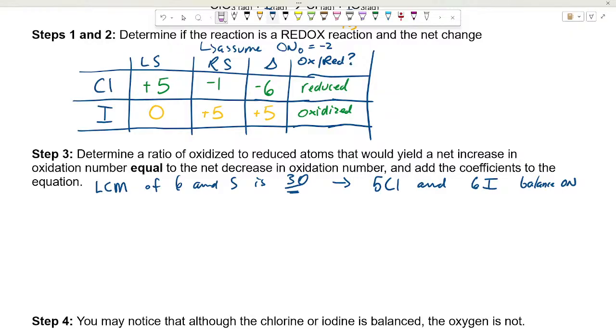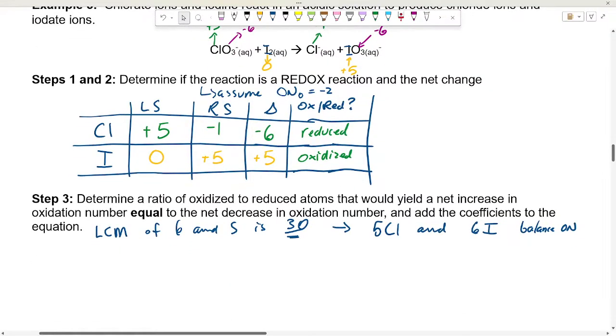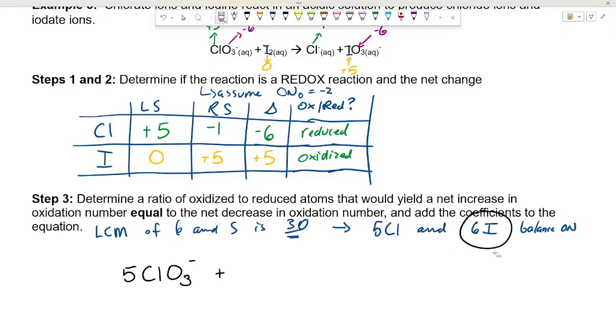Okay. So the reaction we have now would be, go back and rewrite it. We said that we need 5 chlorines. So 5 ClO3 minuses reacts with how many iodines? 6. Now be careful, 6 iodines. What number goes in front of here then? 3, because this is not just I, this is I2.